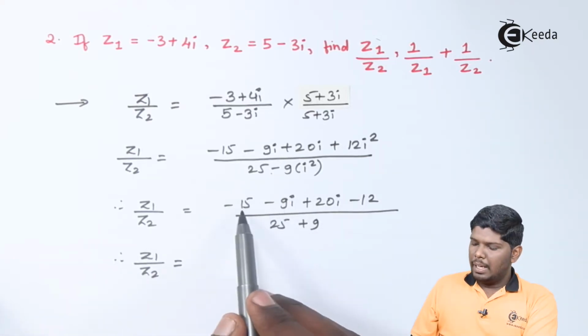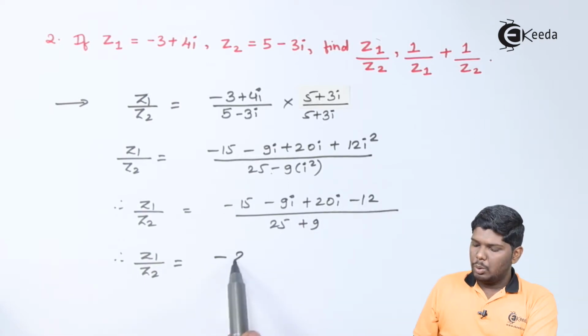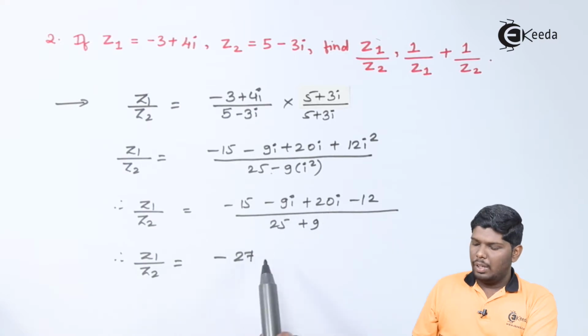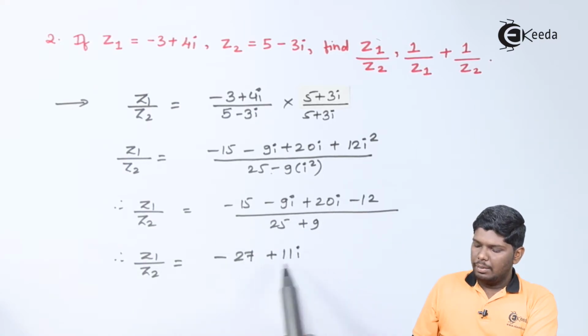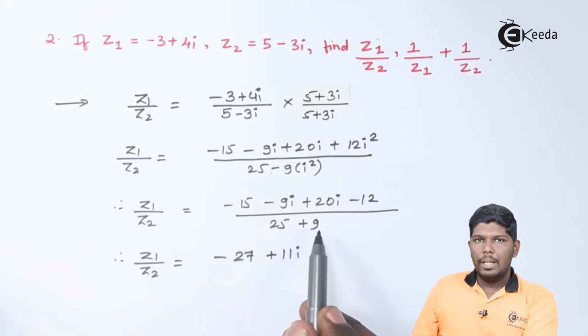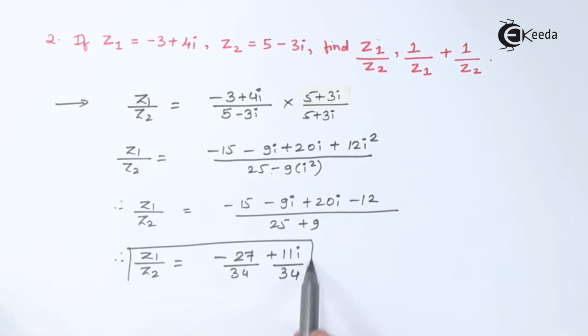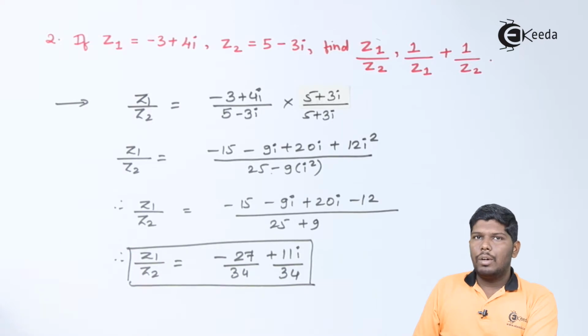In the next step, minus 15 minus 12 will give you minus 27, and minus 9i plus 20i will give you plus 11i, divided by 25 plus 9 will give you 34. This becomes the value of z1 upon z2.